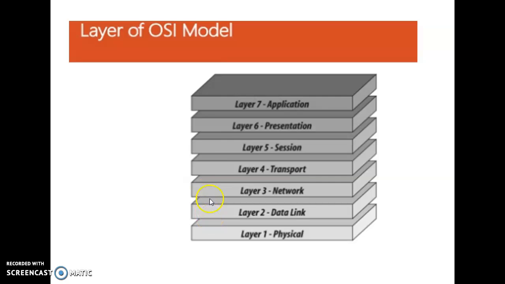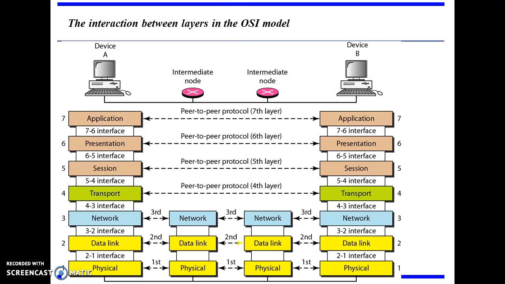Data flow happens through all these 7 layers. Now we'll see in detail how these 7 layers are helpful in order to communicate the information between any two systems. So this is how the actual interaction between layers in the OSI model happens.